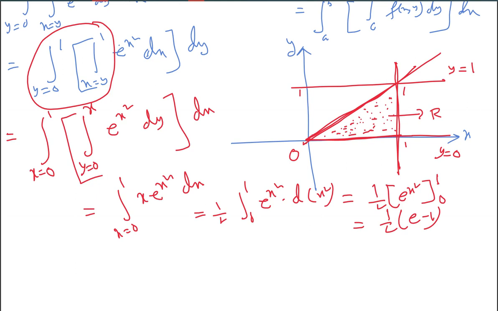As x varies along this line, y varies from here to here. So I'm writing x equal to 0 to 1. y varies from 0 to this line, which is y is equal to x. So y varies from 0 to x.